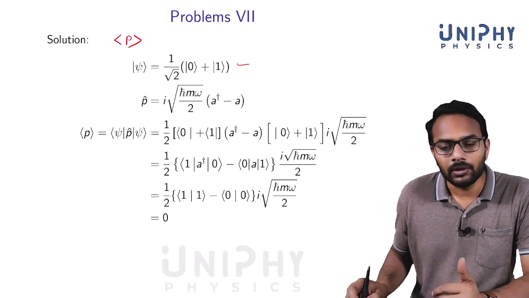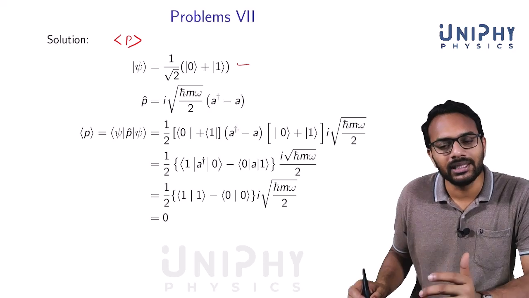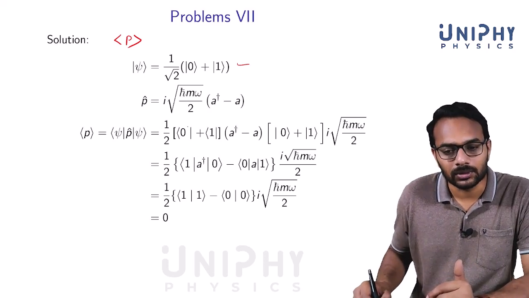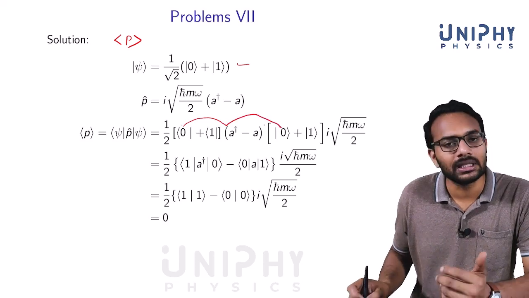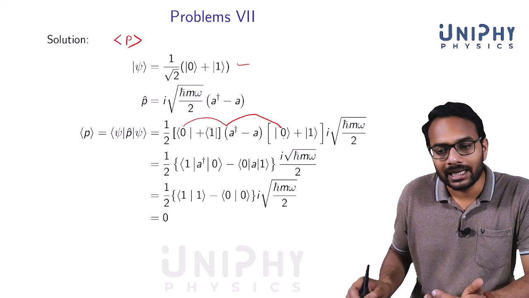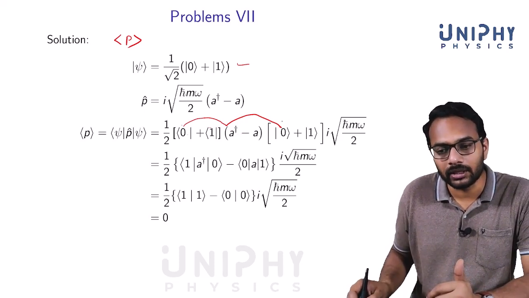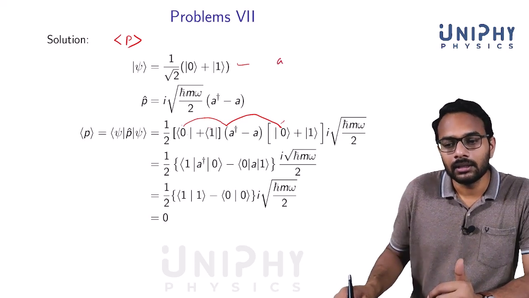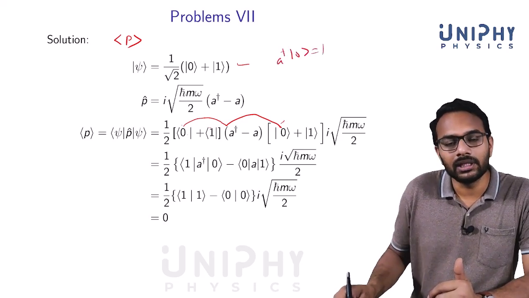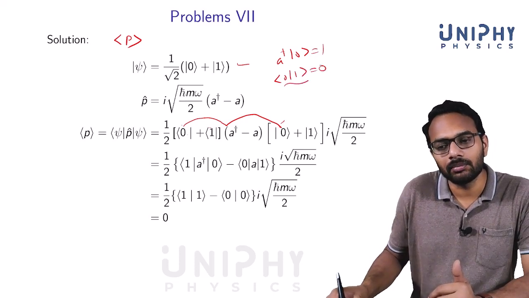Now you don't have to go into all these terms. We need to take only the non-zero terms. For example, if we check the combination 0 a 0, it will go to 0. For 0 a dagger 0, a dagger acting on 0 will give you the state 1, and then 0 with 1 is equal to 0 by orthonormality.